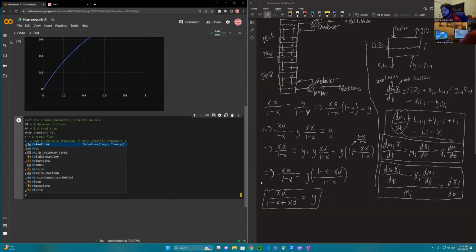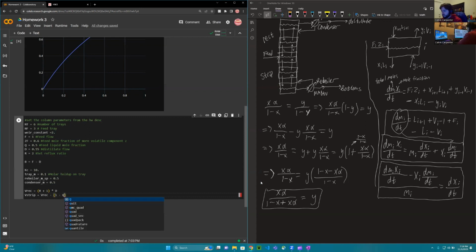Next, we're going to have the vapor in the stripping section, and that's going to be V strip. And that's equal to V rec minus, in parentheses, 1 minus Q times the feed.